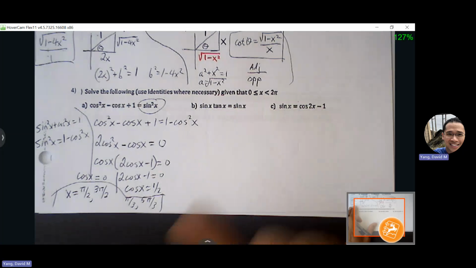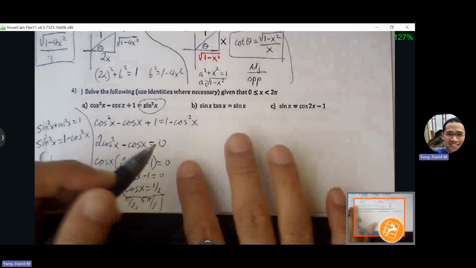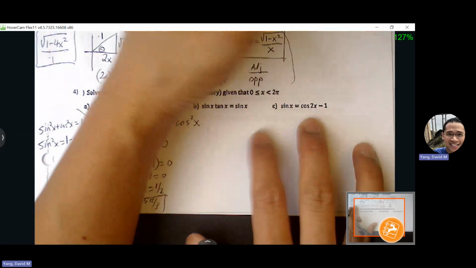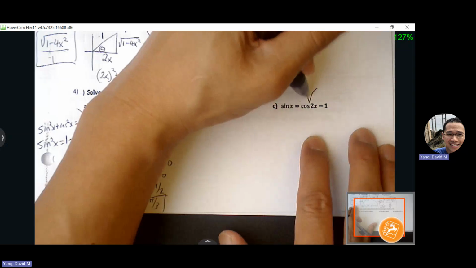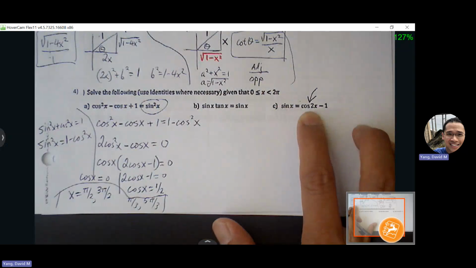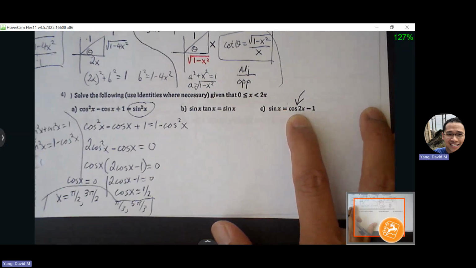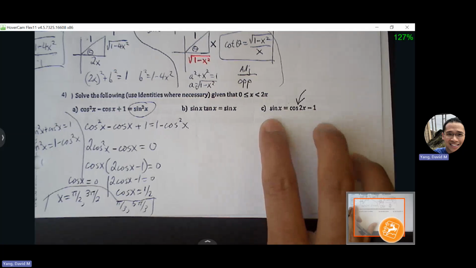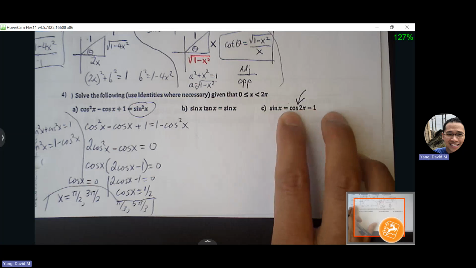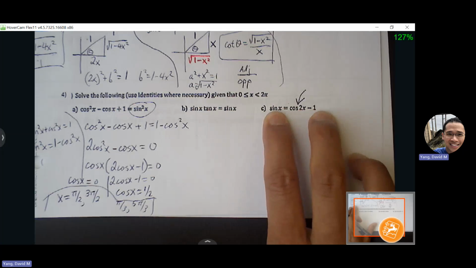Part B, we can bring everything over to one side, factor GCF out, and then solve. So I'll leave that for you guys to do on your own. This one, sine of x equals cosine of 2x minus 1. There's a double angle identity here. We want to get this out of double angle form. So there's 3 variations of cosine 2x. You want to pick the one that will be the easiest to move forward. So we see there's sine involved here.